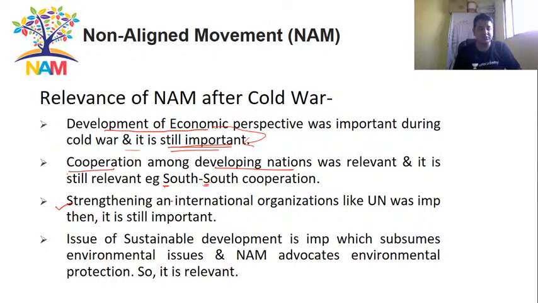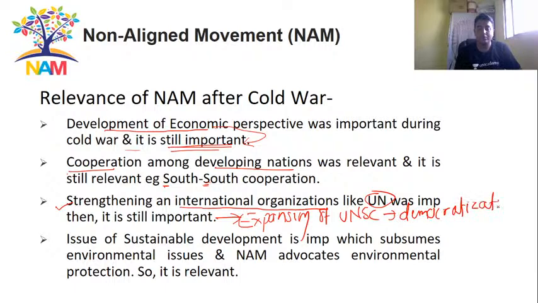Next, strengthening international organizations is an important aspect of NAM, like we mentioned, the United Nations. It is still important. So that's why we want expansion of the UNSC. We want democratization of the United Nations.